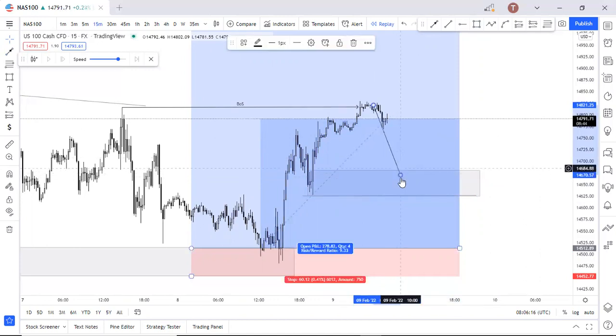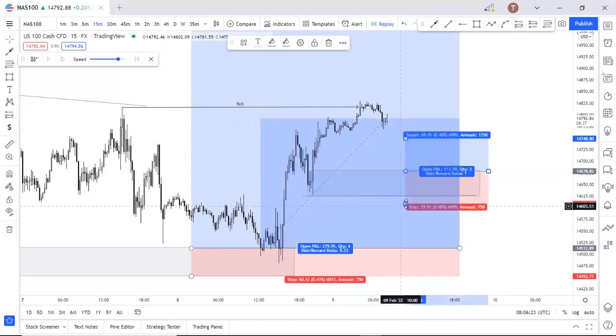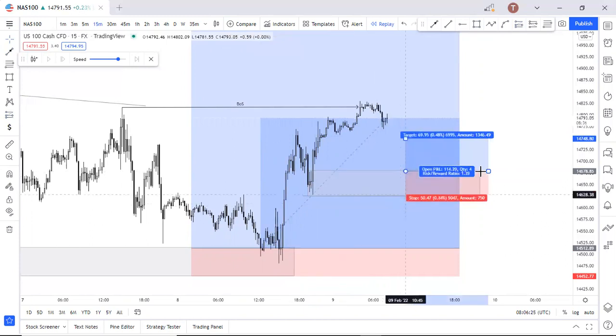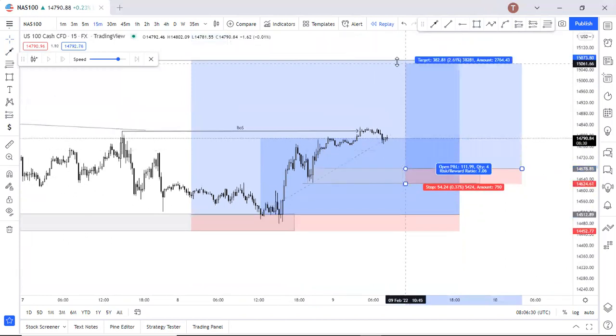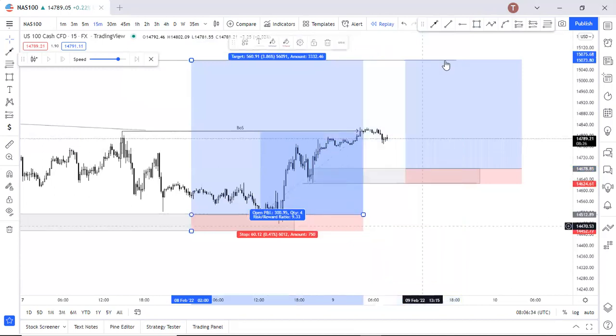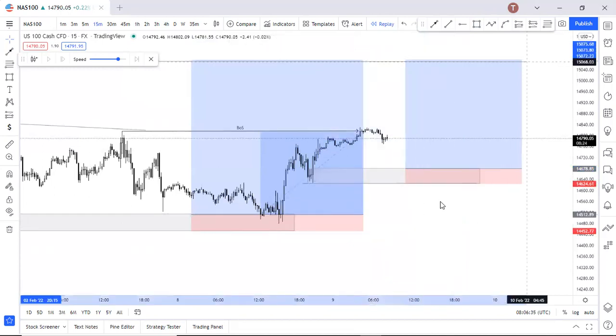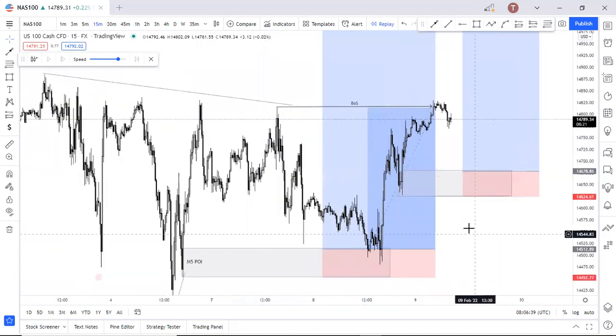Then I'll be setting my buy limits right here with my stop loss at this low, and my target will still be this H1 imbalance fill. So I'll see how that goes later in the day.